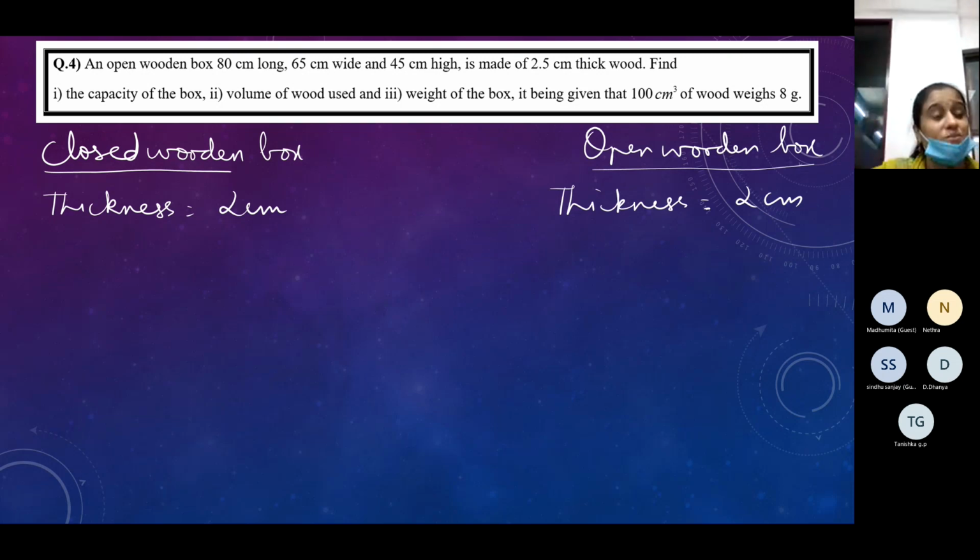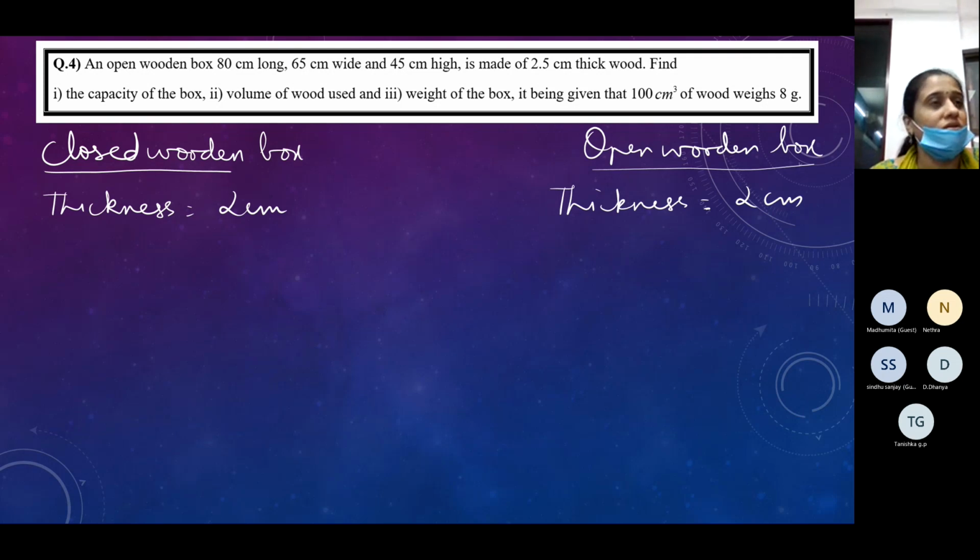Similarly, when it's a wooden box, wood is thick. So the external height will be more than the internal height. Inside the height will be slightly less because the wood is thick. Difficult to draw for me, that's the problem.